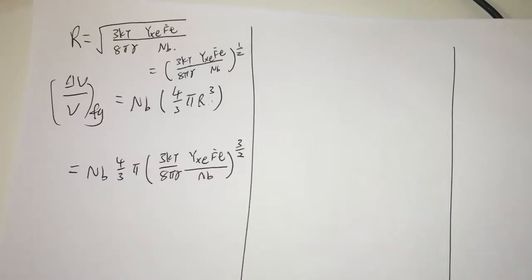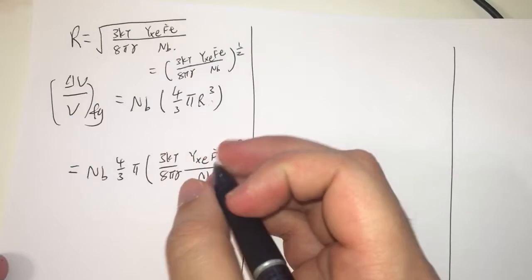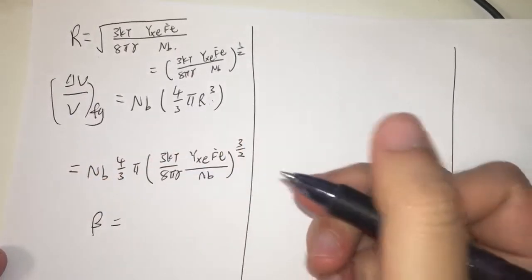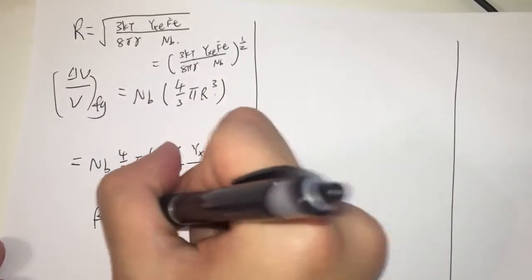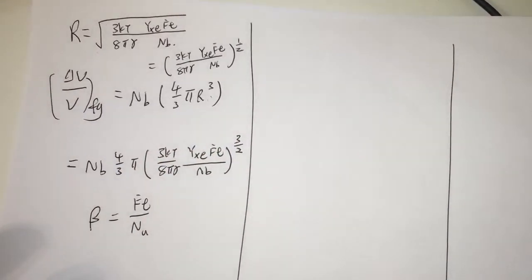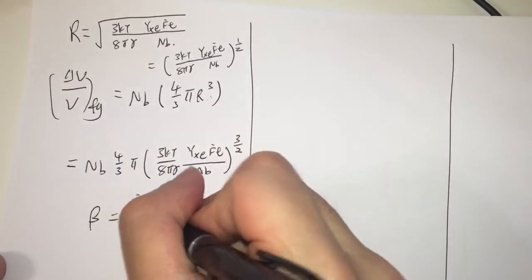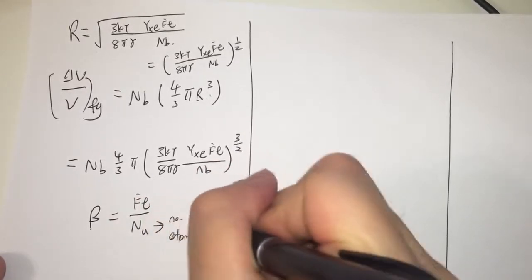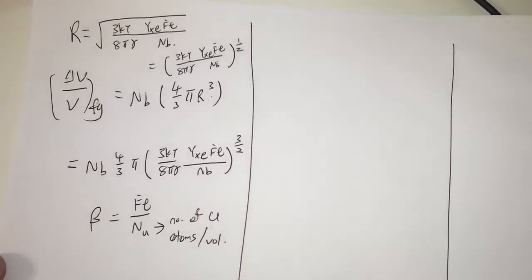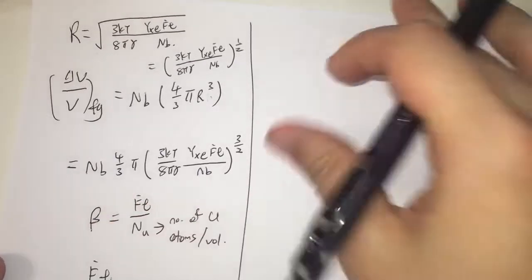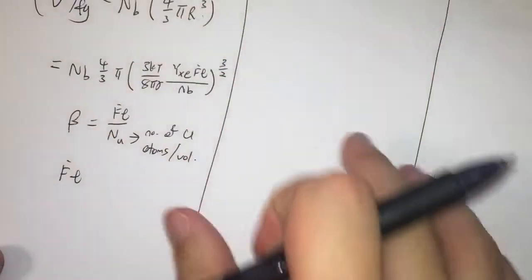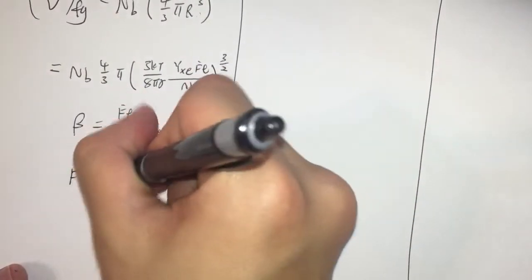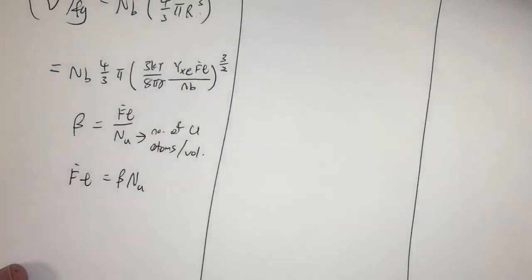Now if you want to do a substitution of burn-up, you can do it as follows. Burn-up is very common, so F t over N_U, we discussed this before, and this is the number of U atoms per volume. So in effect, F t equals burn-up times the number of uranium atoms.